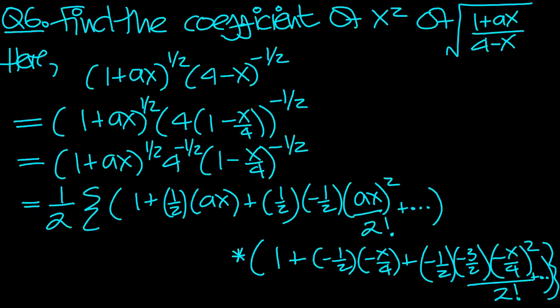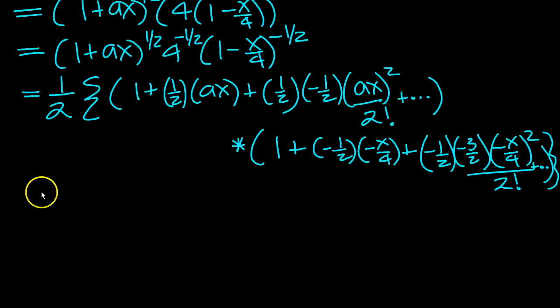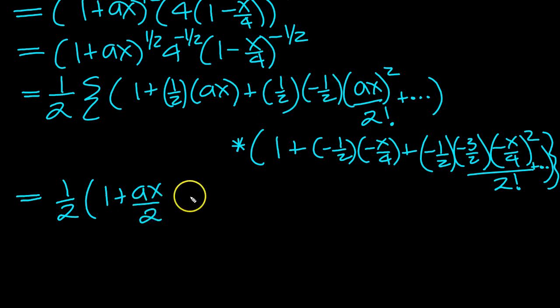So let's have a look then. What's this equal to now? Let's tidy it up a little bit more. So this is equal to a half of this thing here, 1 plus ax over 2, minus a squared x squared over 2, 4, 8, plus dot dot dot, close bracket.